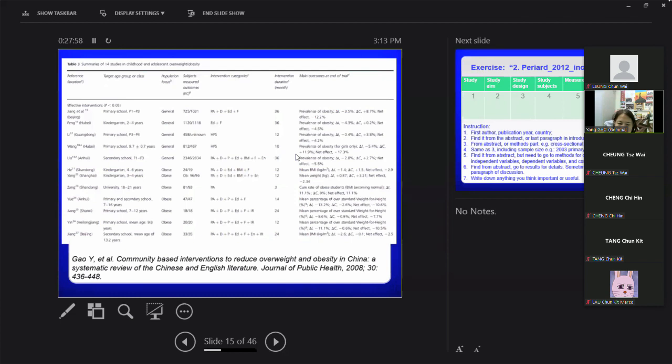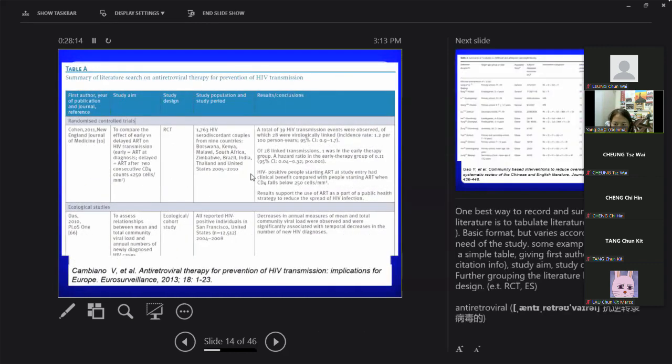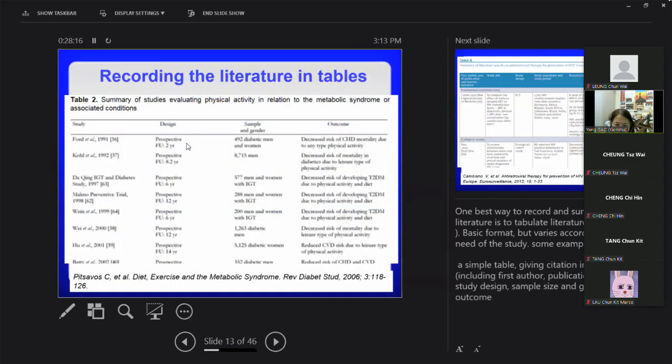Whatever, I just want to show you the different tables you can consider for your proposal or for your honors project. But I would prefer you to start from the basic one. Maybe not as simple as this one, but at least involve the 4 columns.